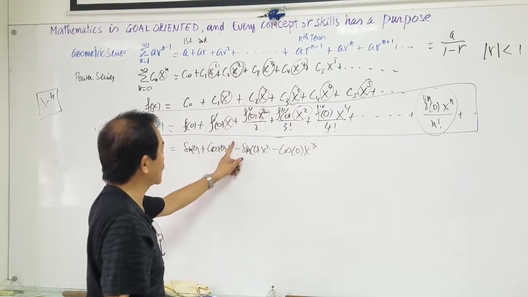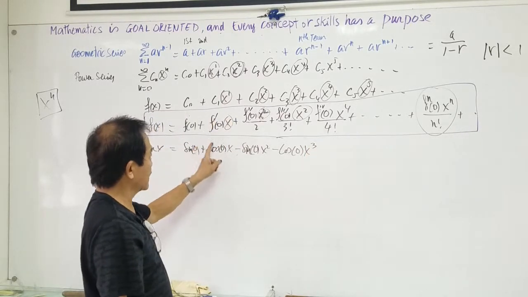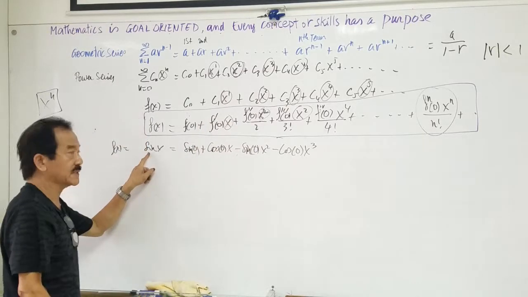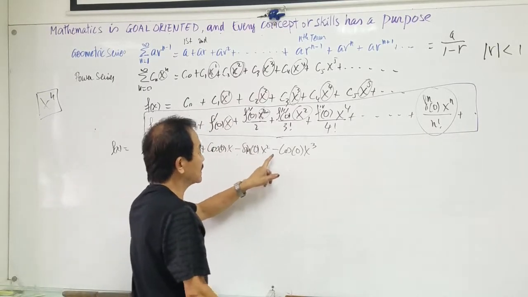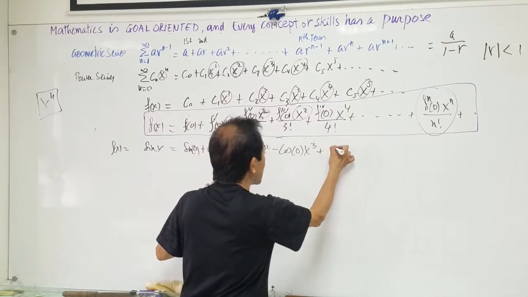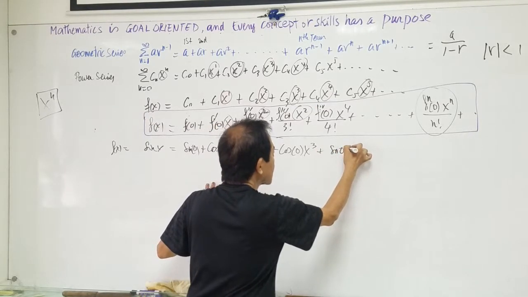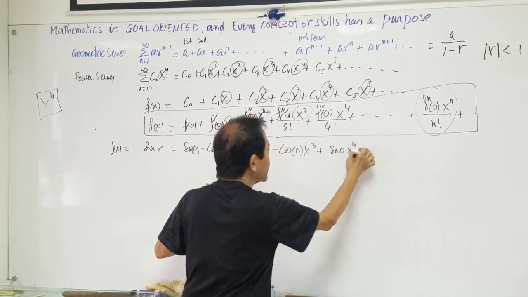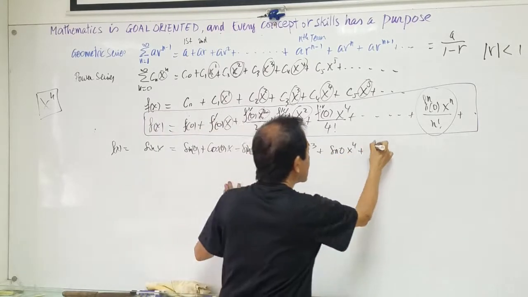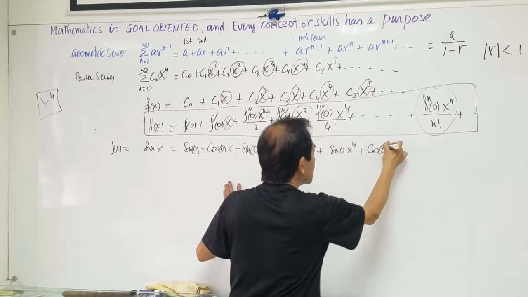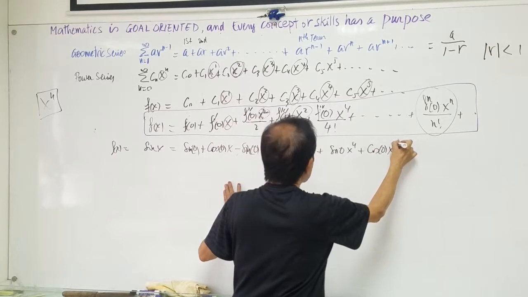Next, the derivative of minus cosine gives sine of 0, x to the fourth power, and the derivative of sine again equals cosine, so cosine of 0 times x to the fifth power.